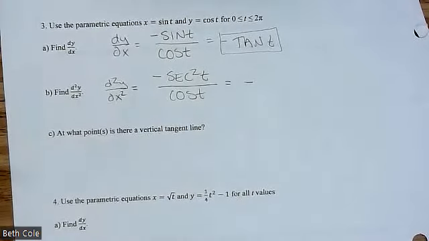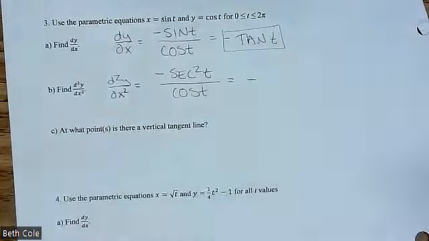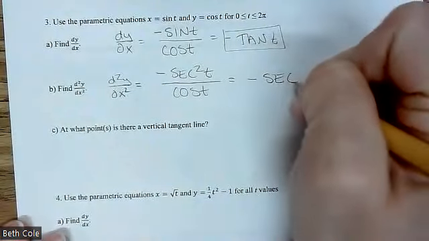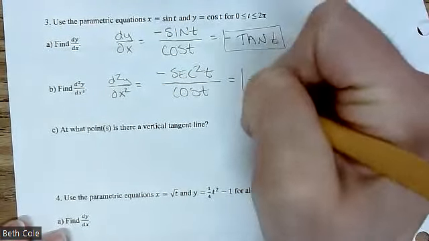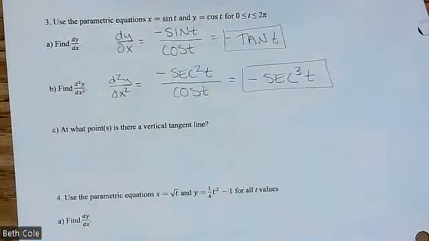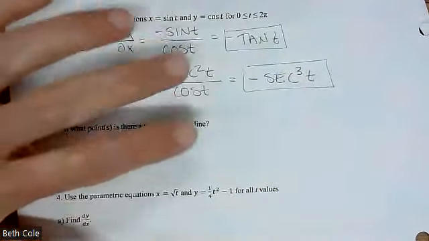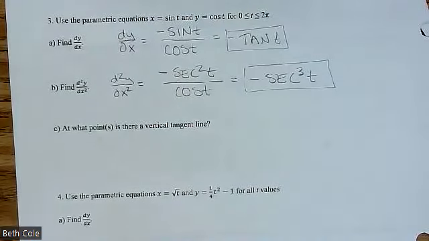So how could we write that? It would be negative secant. Well, it's squared right now, cubed, because if you flip this, you would get another secant. So negative secant cubed. Basically, if you reciprocate that back, it would be another secant. You'd have secant squared times another secant. So you have secant cubed.